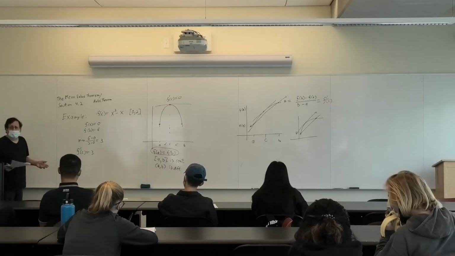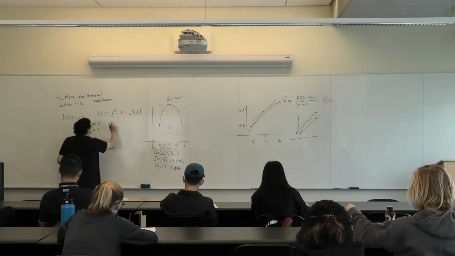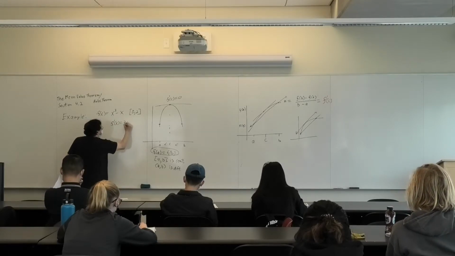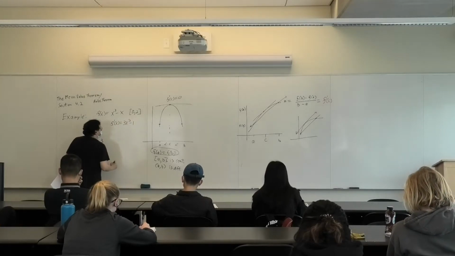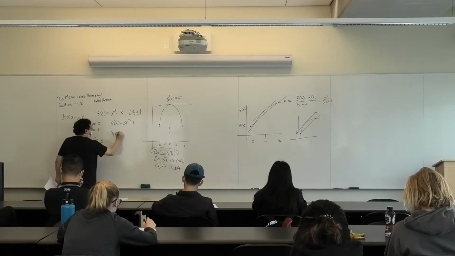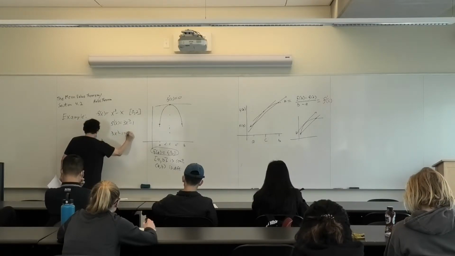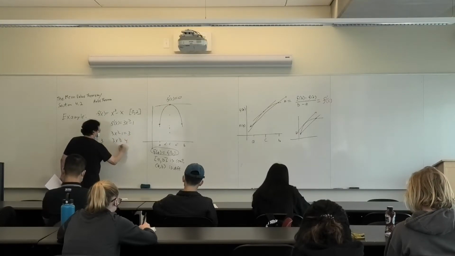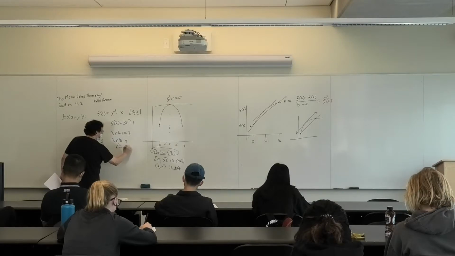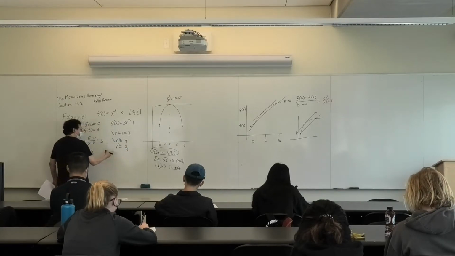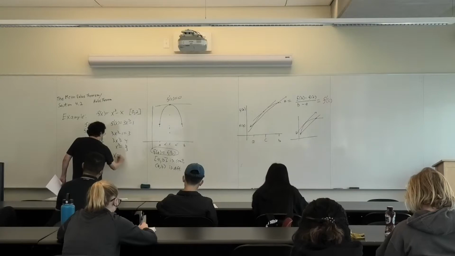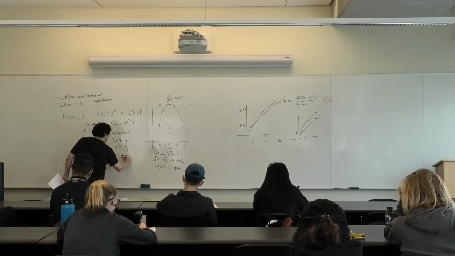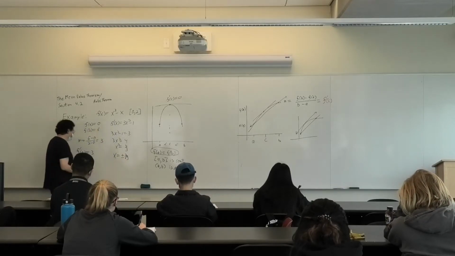Well, let's find that. The derivative of f is 3x squared minus 1. We set 3x squared minus 1 equal to 3. We get 3x squared equals 4, so x squared equals 4/3. And now we find the square root, plus or minus 2 over the square root of 3. But wait a minute.